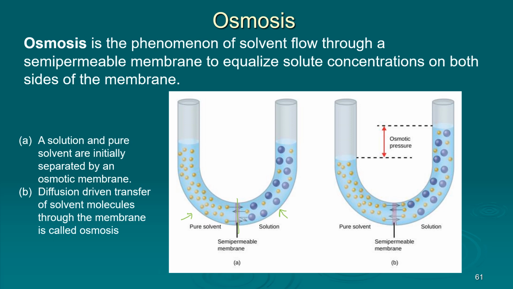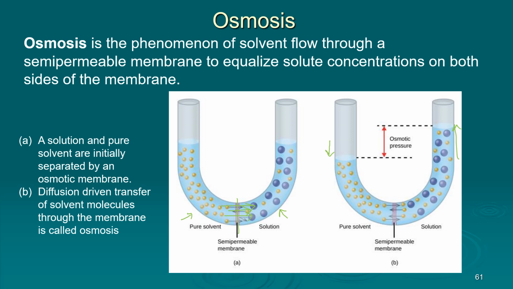Because these bigger molecules can't come through, they all have to stay on the same side, but more of the water molecules are going to come through to try to dilute the solution side down. So notice that what's happened here over time is that the right side has gone up and this side has come down from where it was.